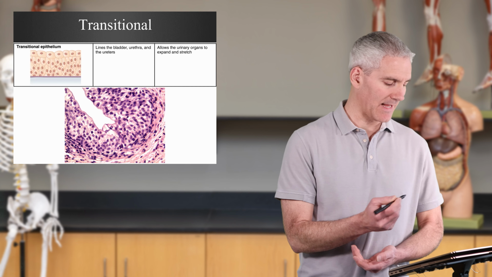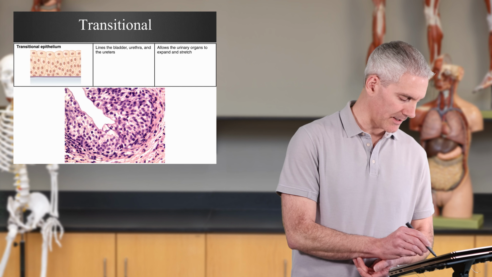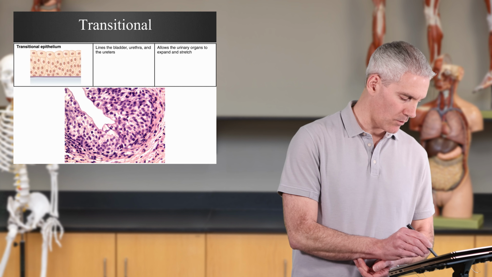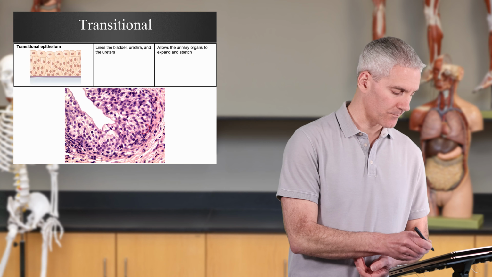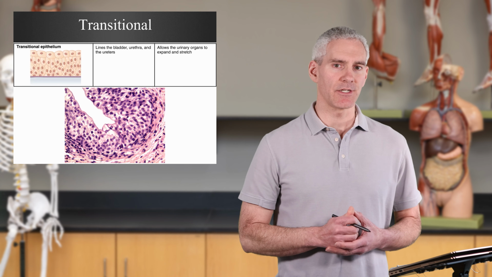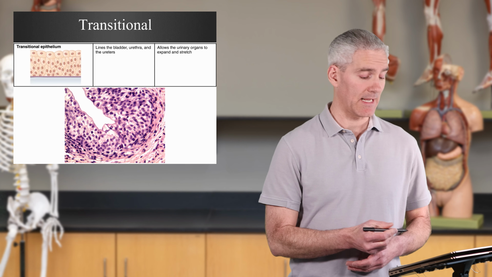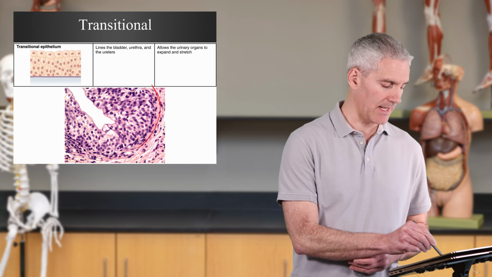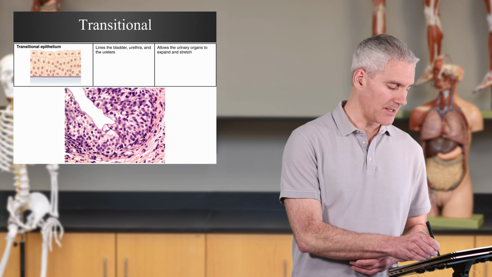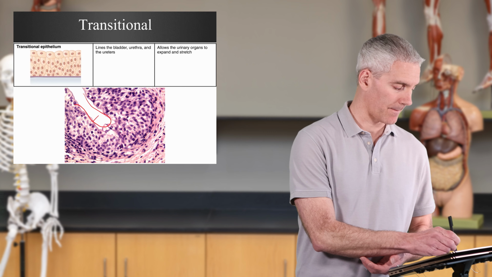Or you get some very flat ones that are kind of squished, which as we start looking around down over here, you can see there's more of a flat one right there. So you're looking at different cell shapes in transitional, kind of all meld or build together. Still have the basal. This is the basal edge right there. And then you also have the apical, the part that's exposed or open.